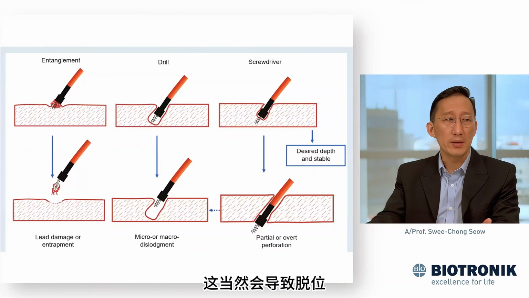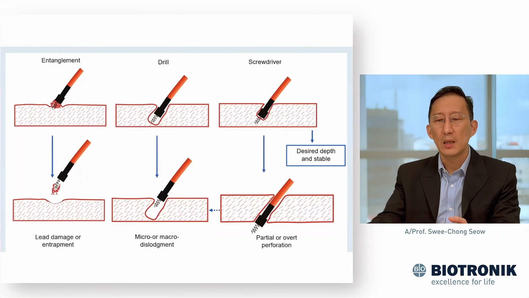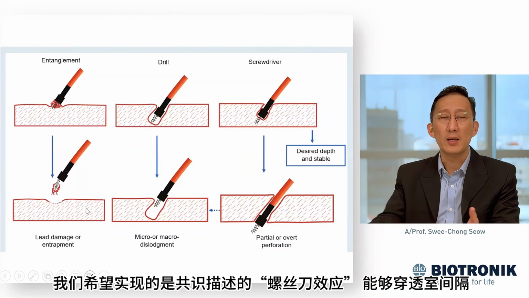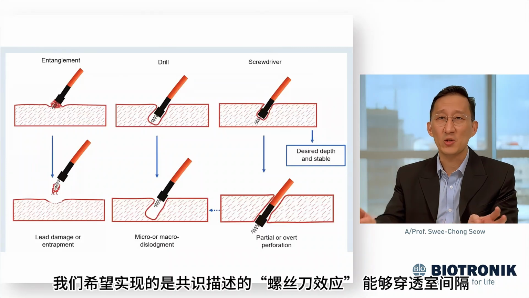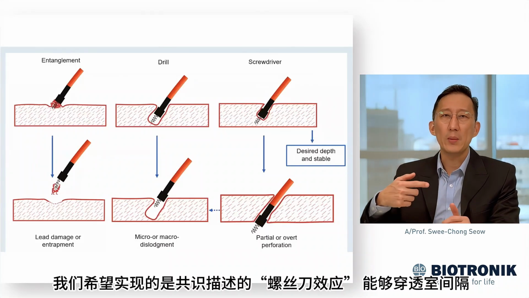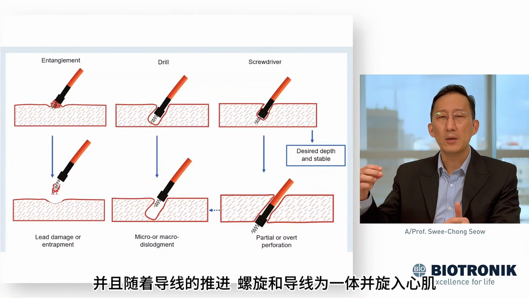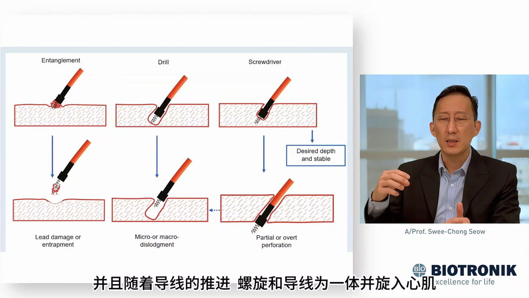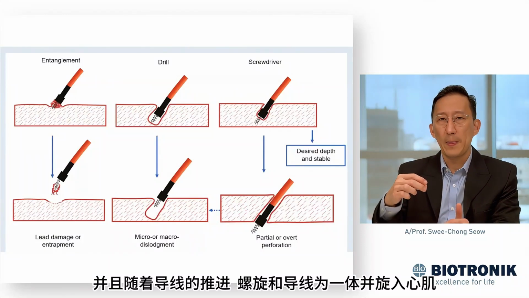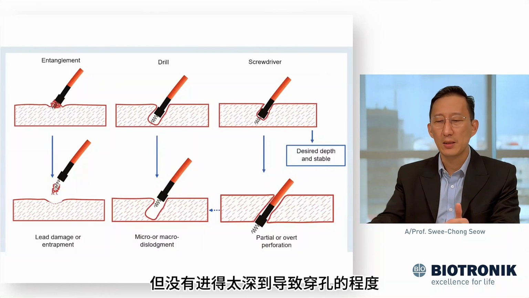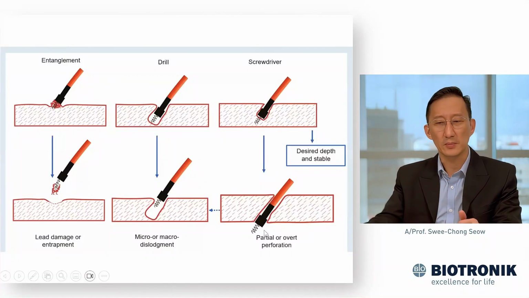And this, of course, will result in dislodgement. What we want to achieve is what the paper has described as a screwdriver effect, where you are able to penetrate into the myocardium, and with the progress of the lead, the helix still holds the entire lead in place in the myocardium, but without going too far to the extent that you cause a perforation.